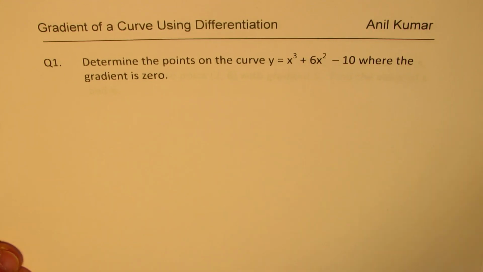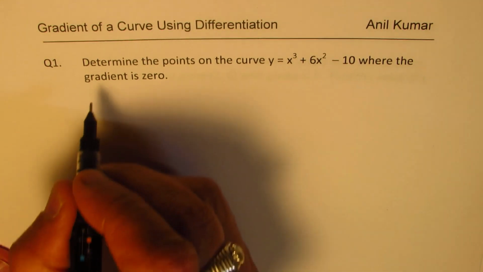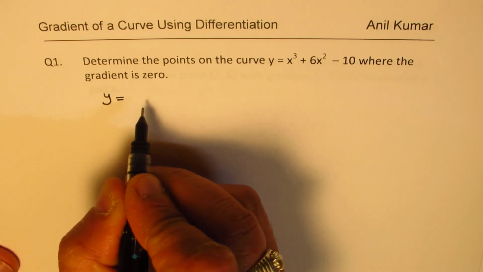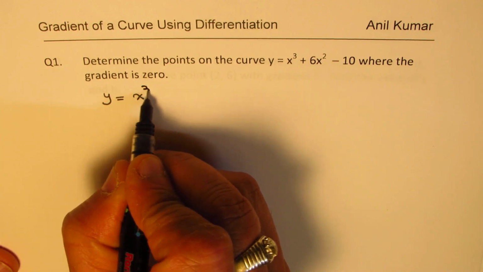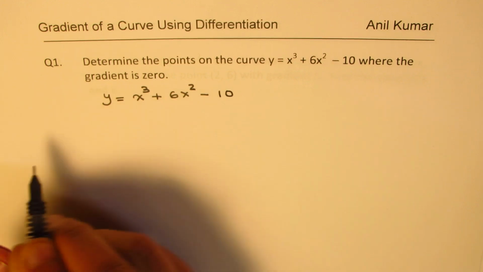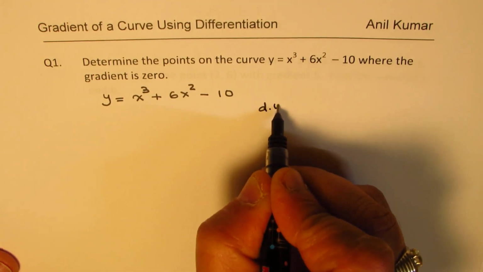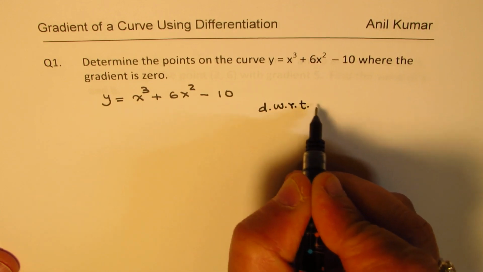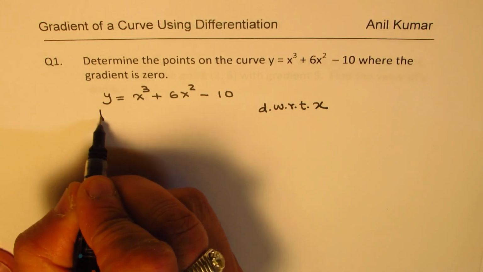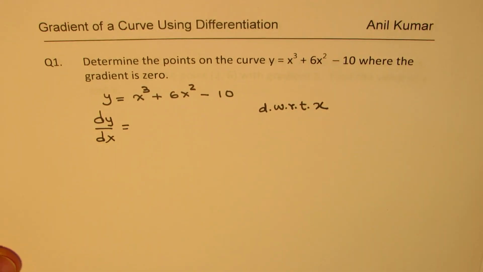The very first one is, determine the points on the given curve where gradient is 0. So the equation is y equals x cubed plus 6x squared minus 10. What we'll do now is differentiate with respect to x, right? So that means we get dy over dx. Now we are going to apply the power rule, correct?